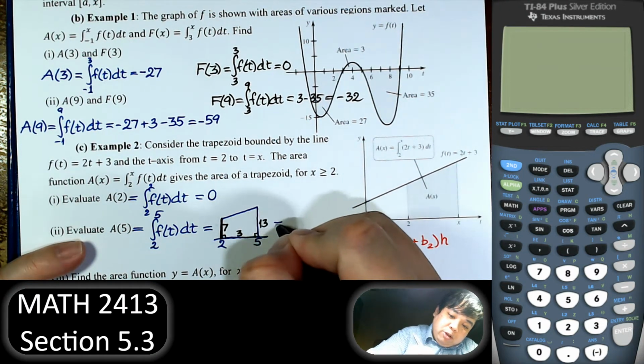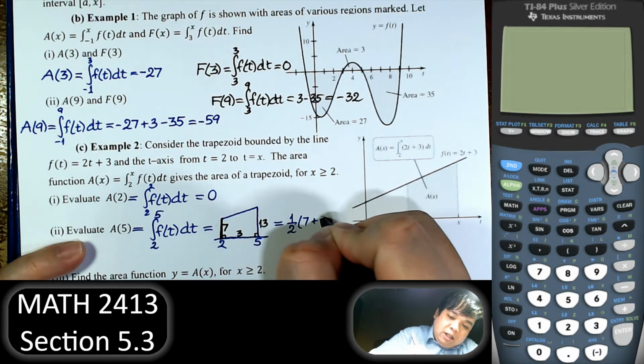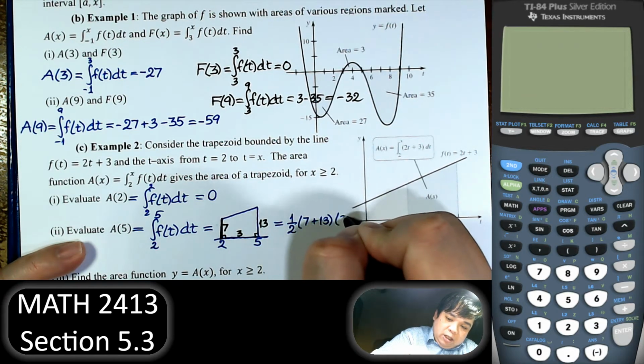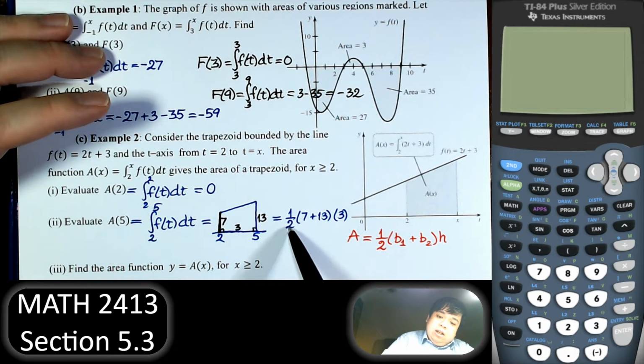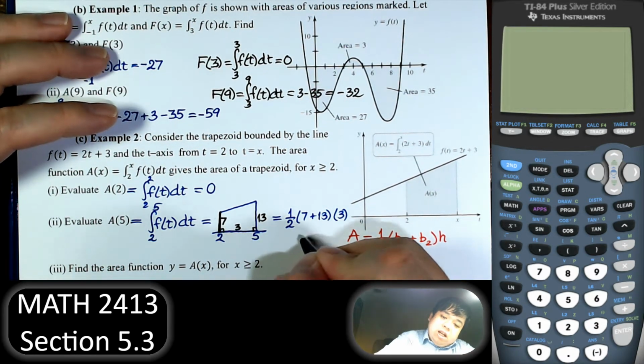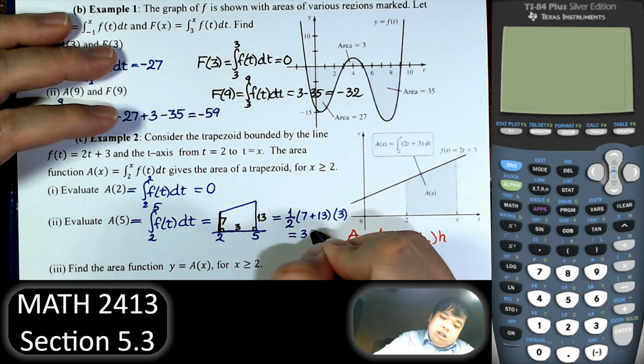So the area of the trapezoid is 1/2 times 7 plus 13 times 3. So that is 20, divided by 2 is 10, times 3, that's 30. So the area is 30.